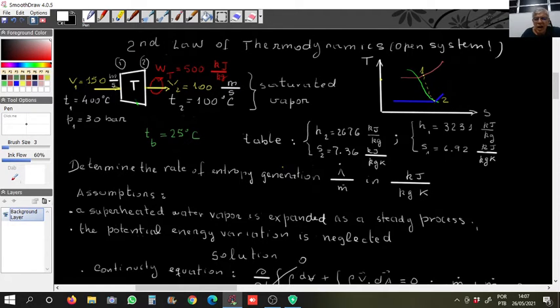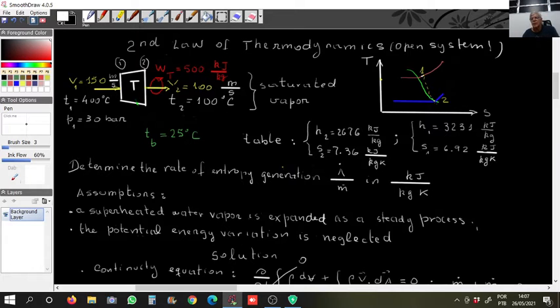This is a saturated vapor. You can see on this figure the pressure drops from 1 to 2, and the temperature here is 400 degrees centigrade, and the temperature at the exit is 100 degrees.